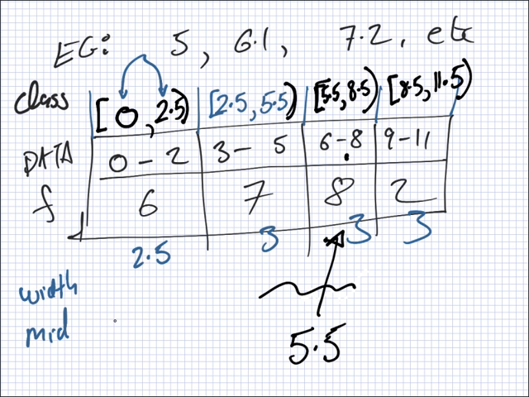It's often convenient to know what's the middle in each group. So what's the middle of the first one? 1.25. And the others? 4, 6, 7, and 10. You add and divide by 2.